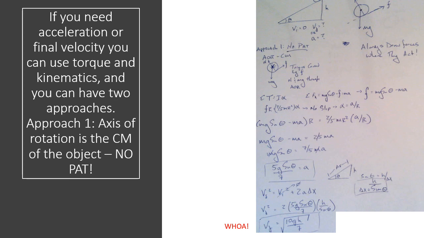I know that v initial is 0 because I release it from rest. And then I know that acceleration is 5/7 g sine theta. And I know that the distance x is h over sine theta. And I cancel stuff out, and then I bring my square root over so I can get v final is, would you look at that, the square root of 10gh over 7, or 10/7 gh. Where have we seen this before? Yeah, that's deep.